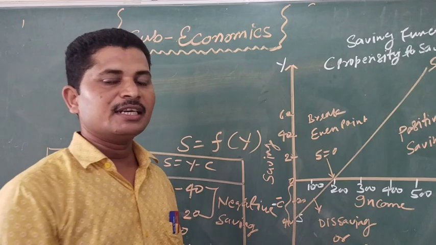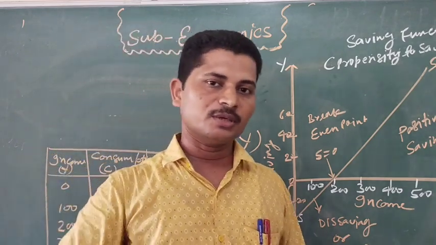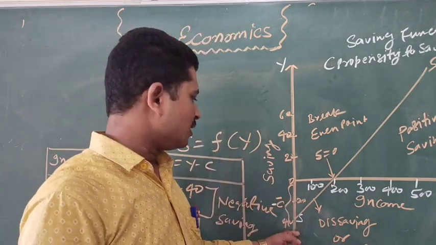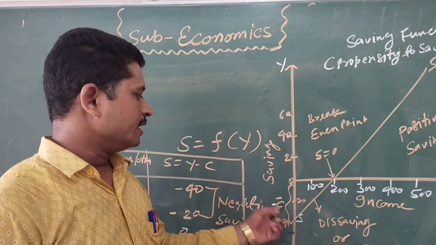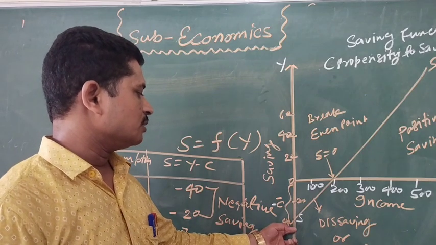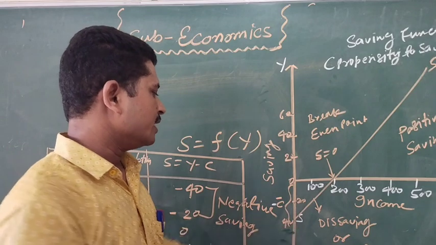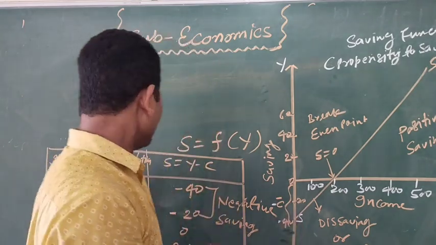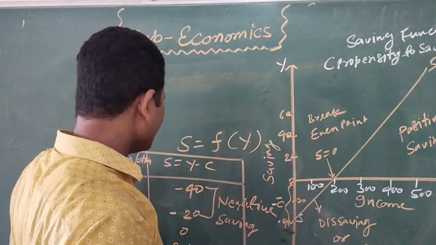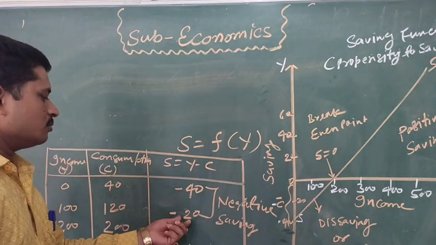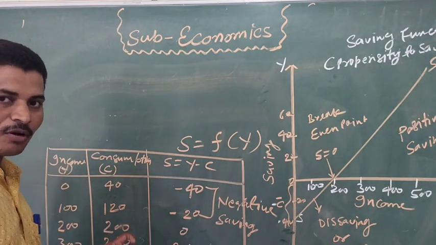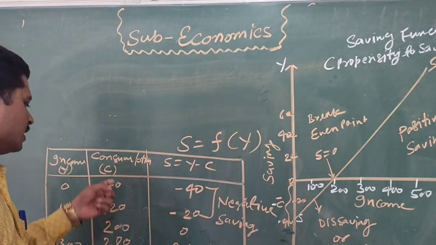When income is 0, autonomous consumption is 40 and saving is minus 40. When income is 100 crore, saving is minus 20 crore, because consumption is 120 crore.